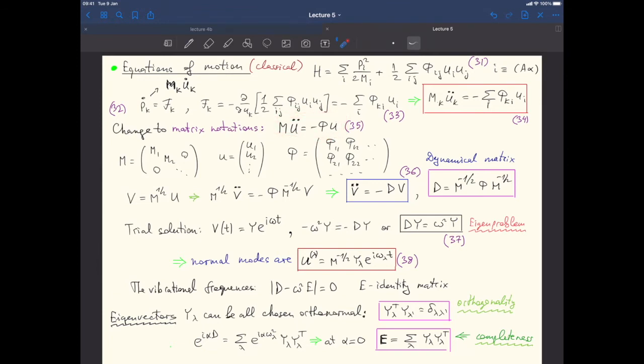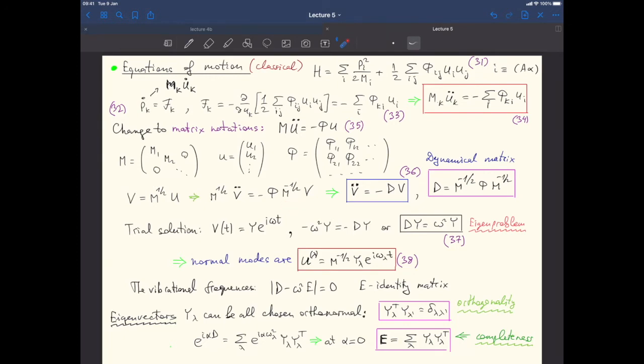We collect all the coefficients into the force constant matrix F, we collect all our displacements in the vector u, and we collect all our masses, putting them along the diagonal into the square matrix of the mass M. It will be convenient to also introduce the square root of the mass and 1 over the square root of the mass, obtained by simply placing along the diagonal either the square roots of the atomic masses or 1 over these square roots, for M to the power 1/2 or to the power minus 1/2.